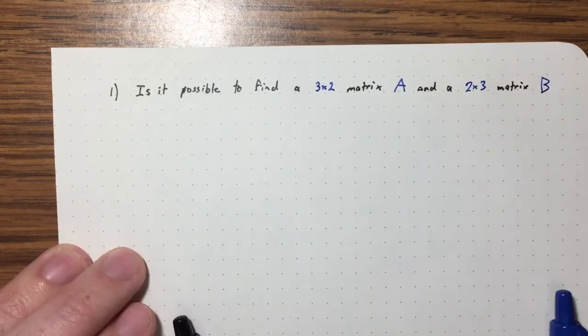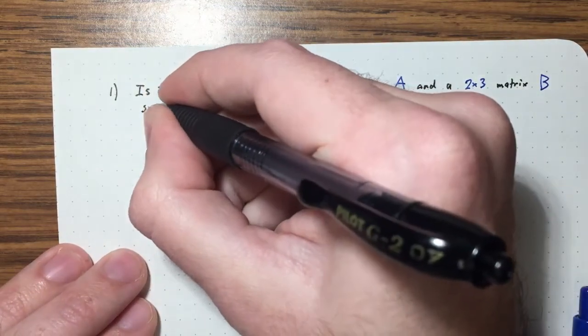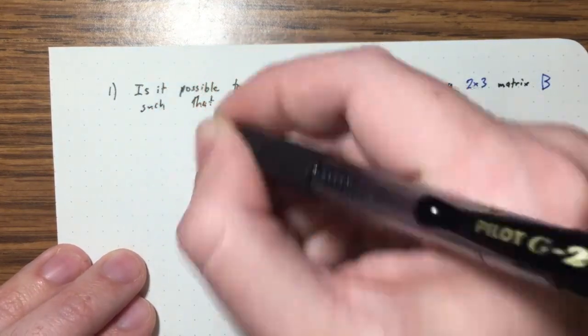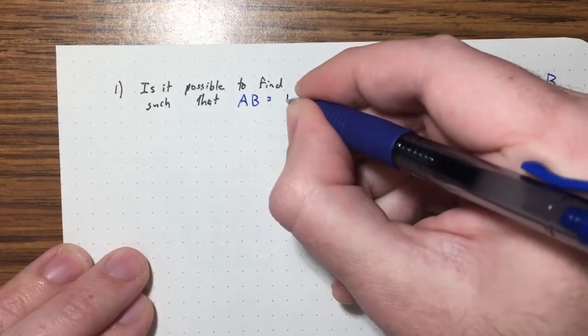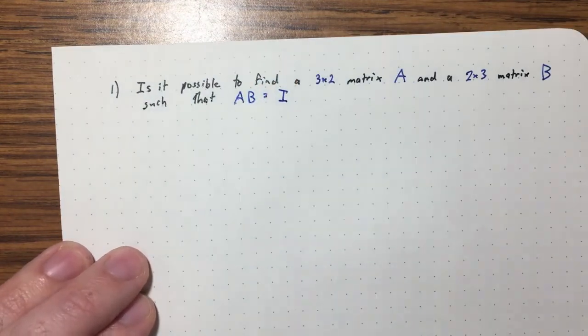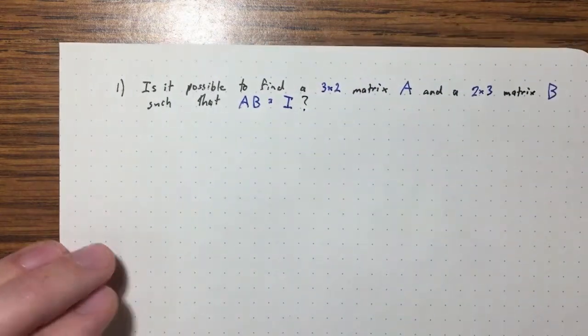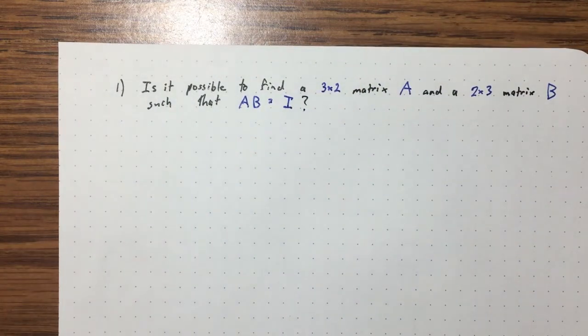We'll call that B, such that A times B equals the identity matrix. Okay. Well, let's think about it.